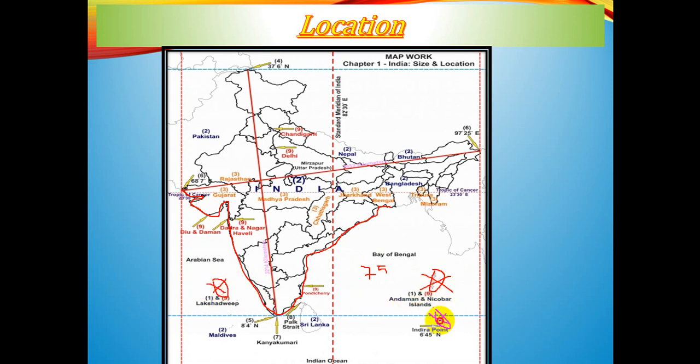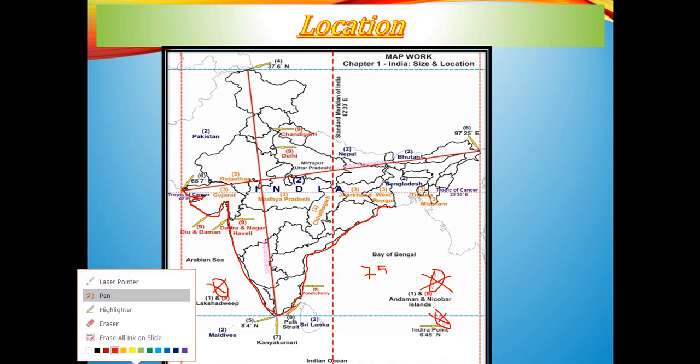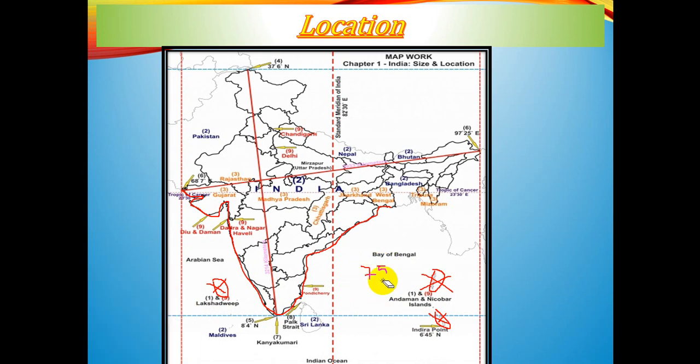length of Indian mainland coastline is 6,100 kilometer. So 6,100 kilometer is the total length of the coastline of Indian mainland excluding both the island groups.